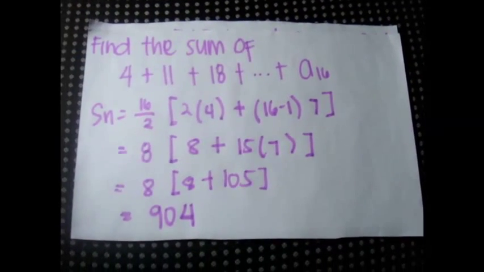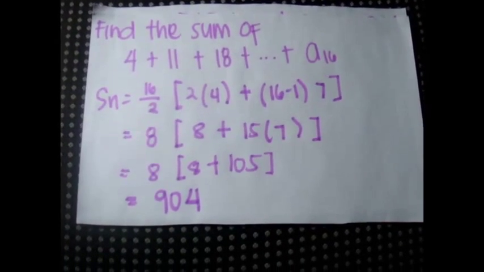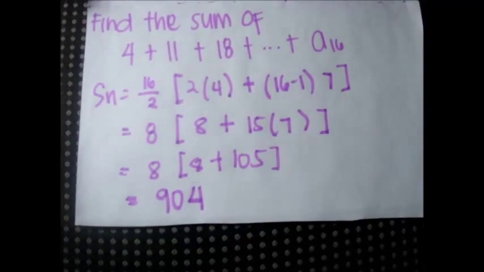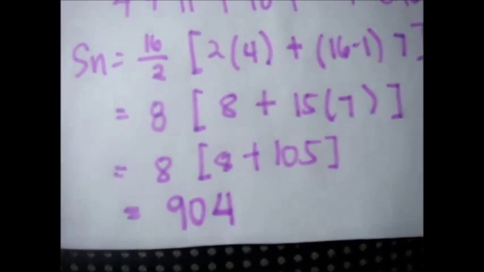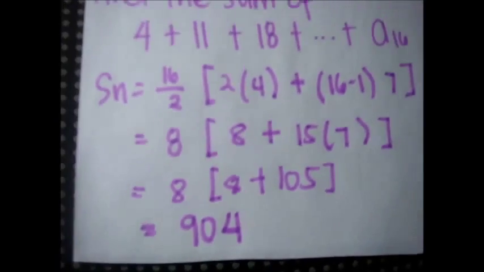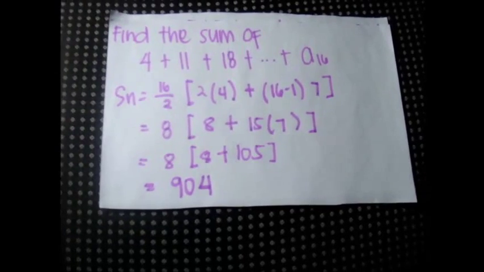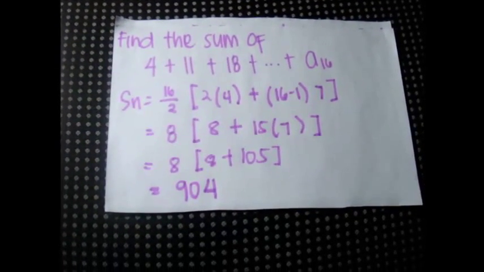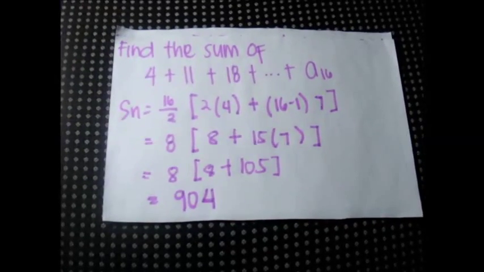Simplifying, we will get 8 multiplied to 8 plus 15 times 7, which is equal to 8 times 8 plus 105, which is equal to 904. Therefore, the sum of 4 plus 11 plus 18 plus up to a sub 16 is equal to 904.